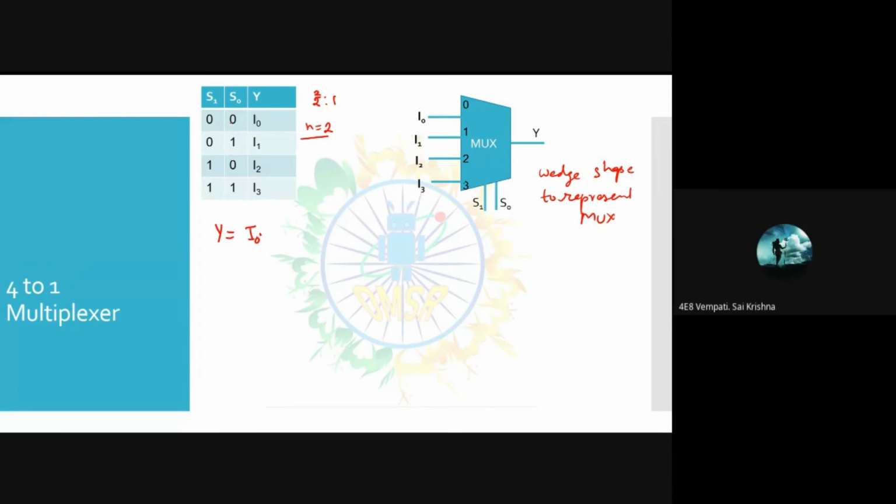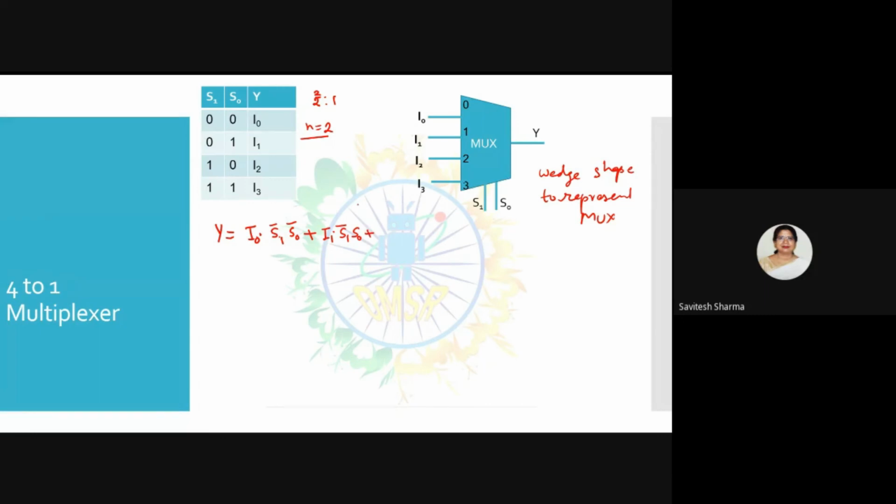S1 bar, S0 bar. Yes. Here S0 is 0, so I will write S0 complement, and S1 is also 0, so I will write S1 complement. Next I will write the term corresponding to I1. S0 is 1, so I will write S0. S1 is 0, so I will write S1 complement.